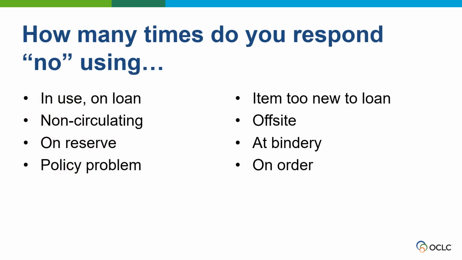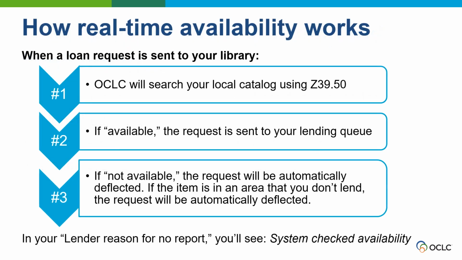So how many times do you respond no using these reasons: in use on loan, non-circulating, on order, off-site? They can be reduced using RTA. So how does real-time availability work? First, OCLC will search your local catalog using Z39.50.